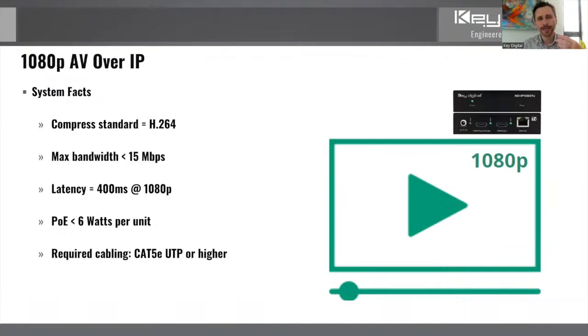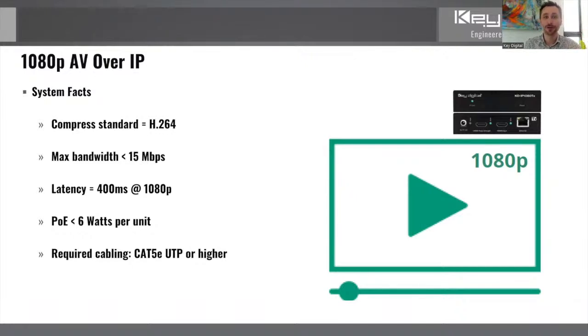We actually have a document showing you all the bandwidth at each video resolution. And so you calculate how many transmitters you're going to have in your system to measure the maximum bandwidth of your system. This is really the way to do it, because, for example, if you're going to have 100 of these things, then you're going to be looking at over a gigabit of bandwidth, right?